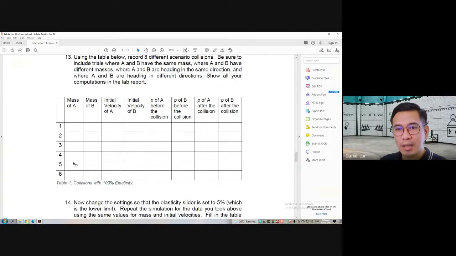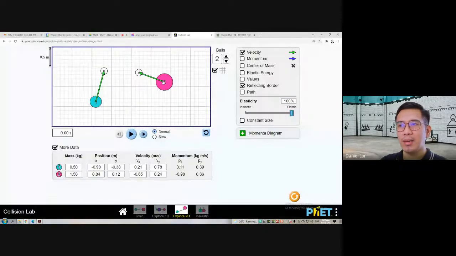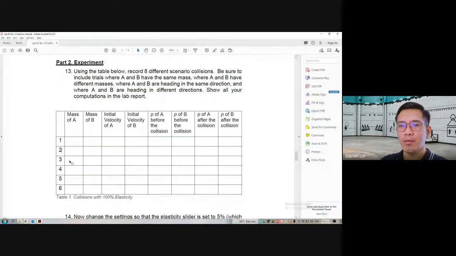So we have here 6. So the first 2, your sample here, have the same mass for A and B, or ball 1 and ball 2. For 3 and 4, different masses, but they are heading in the same direction.